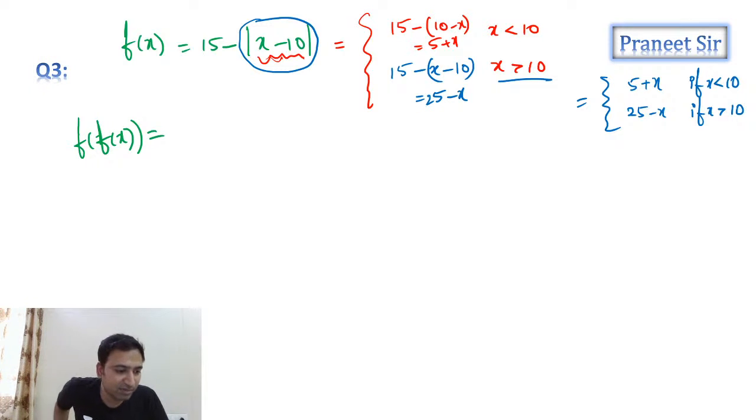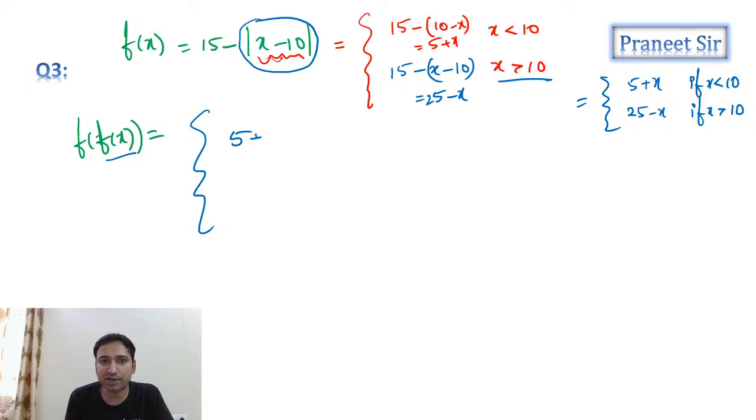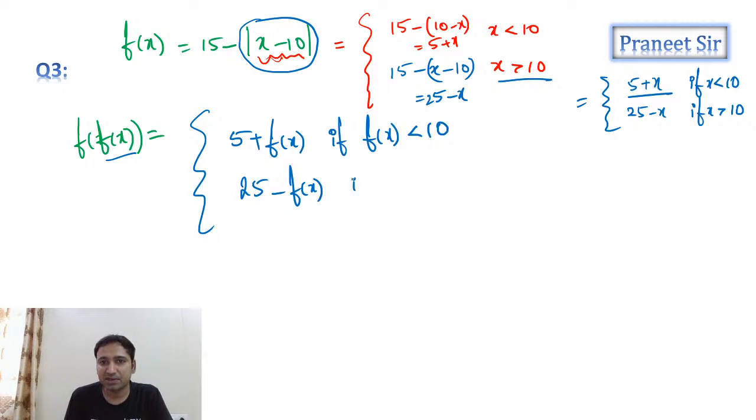So f of x we simplified, but we need to calculate f of f of x. To calculate f of f of x, we need to write f of x here. So I can write it as, according to the definition, 5 plus f of x if f of x is less than 10, and 25 minus f of x if f of x is greater than 10.